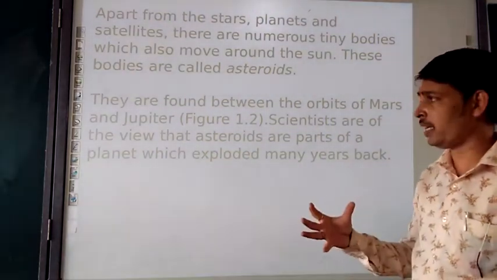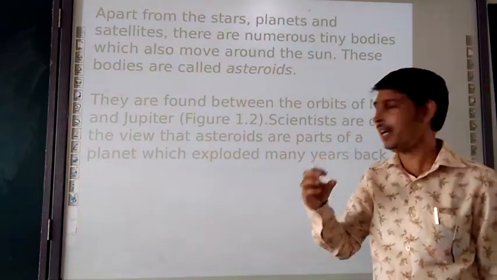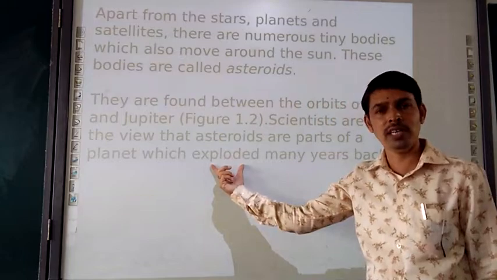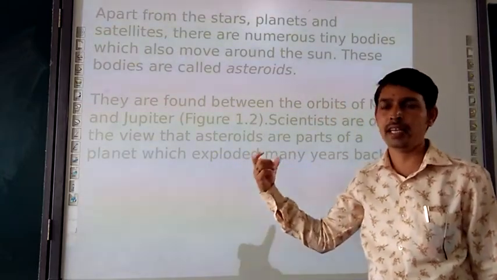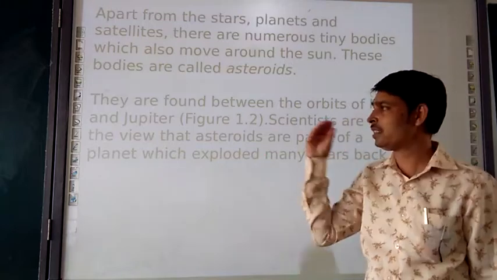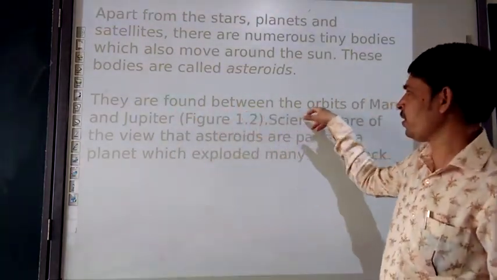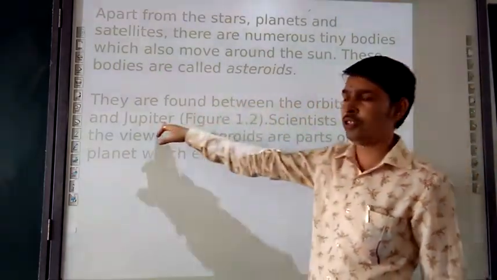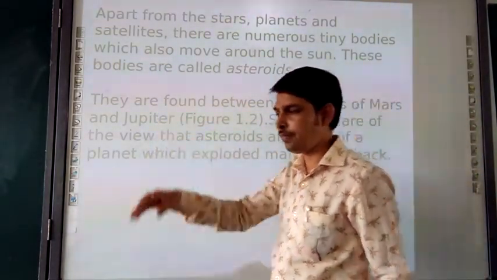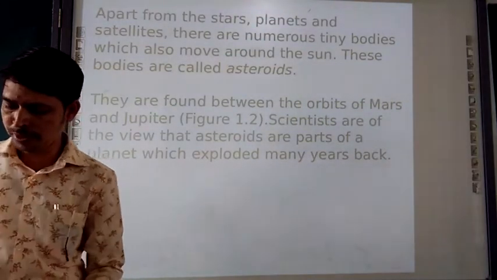Now that planet is totally destroyed and they are tiny particles that are moving. Where are they found? They are found between the orbits of Mars and Jupiter.